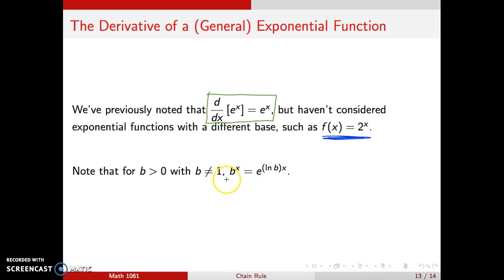So you could think of b to the x as e to the natural log of b times x. That's a little bit crazy way to think about it, except when you see it like this, now you can use the chain rule.